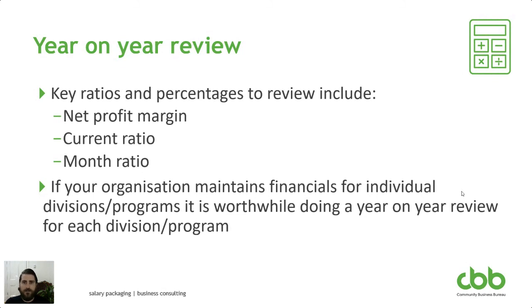If your organisation maintains financials for individual divisions, it's worthwhile also doing a year-on-year review for each division and program. So you may wish to understand how a particular program from a financial perspective has changed over the years. And if your organisation captures and records that information for that particular division, then of course you can do that.